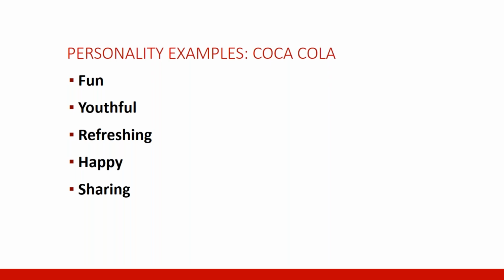And it's true. I remember Coca-Cola because they always have beautiful, fun, youthful-looking people jumping on a trampoline in the middle of the ocean, always sharing. We remember them because of that.